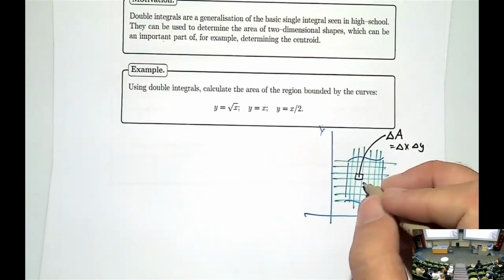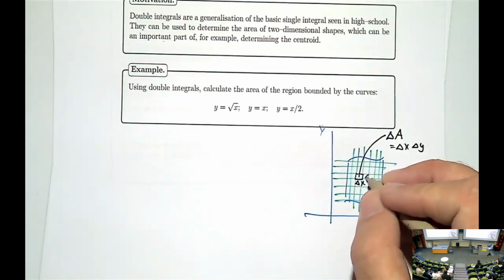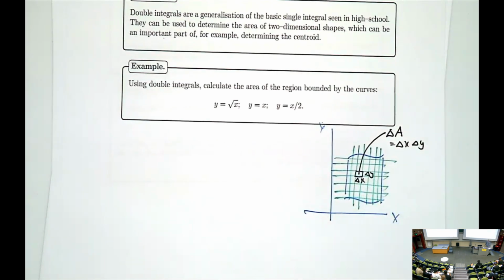The sides are going to be delta x and delta y, the width of our cuts. So to approximate the area, we just sum up all the areas of each little rectangle.